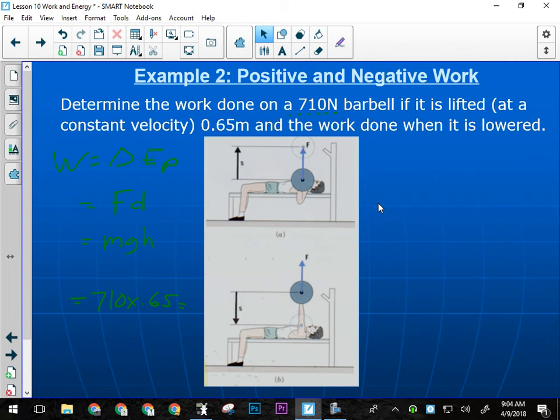Are you getting anything out of the lowering phase then? No. If you want to get a benefit out of your workout, you push the barbell up and you lower it back down at the same rate. That way you have to push just as hard to lower it as you had to push to raise it, and you get way more out of the workout that way.